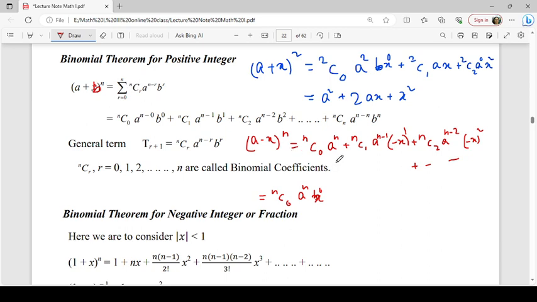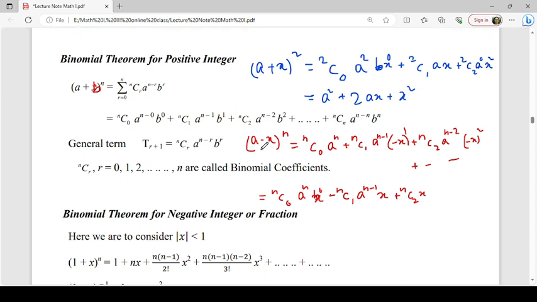So a minus x, here I am writing minus x, so a to the power n, then minus nC1 a to the power n minus 1 and x to the power 1 plus nC2 x to the power, so the sign alternates. If it is minus, then the sign alternates because we have odd powers for the second term.